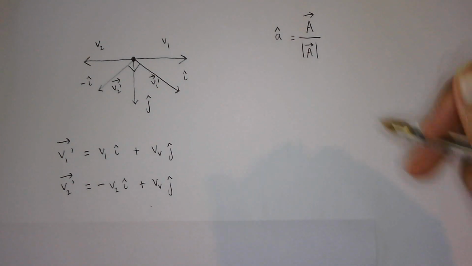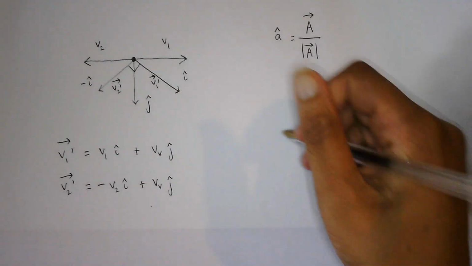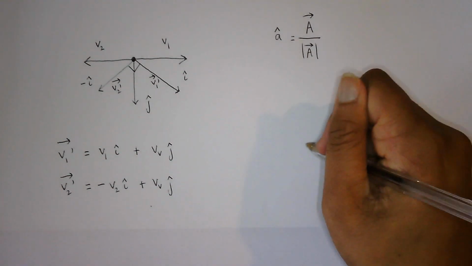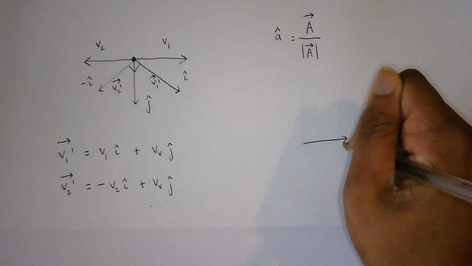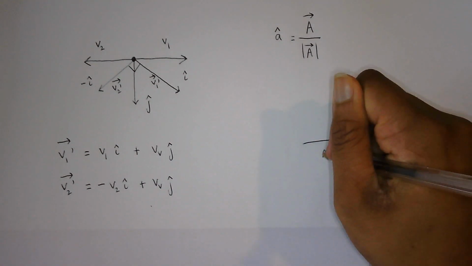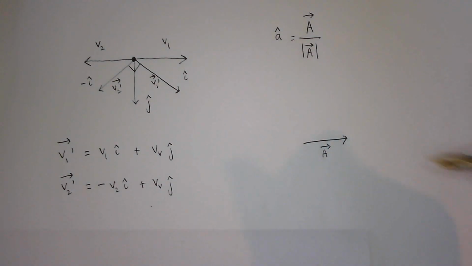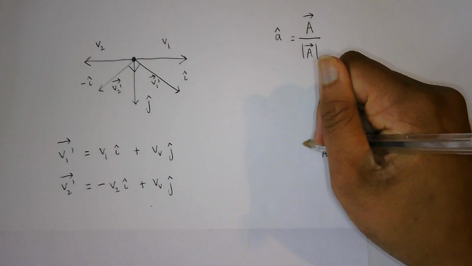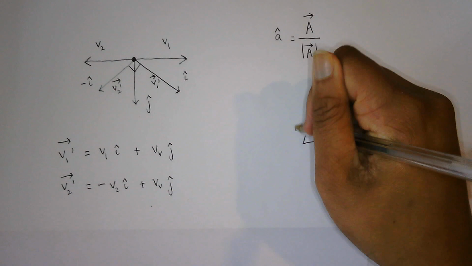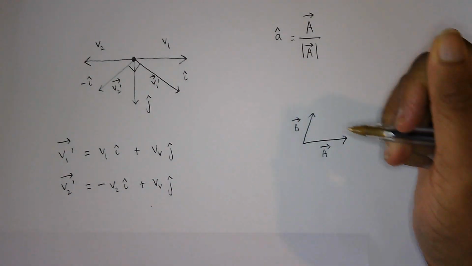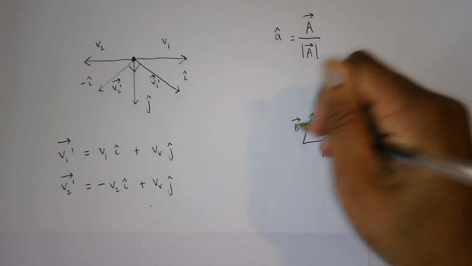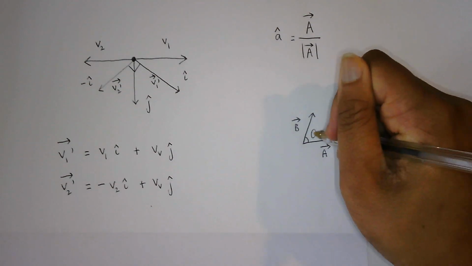So if you have two vectors, I'll just draw two vectors here. Here's one vector, we'll call that A, and we have another vector B, and say that these two vectors have an angle of theta in between them.